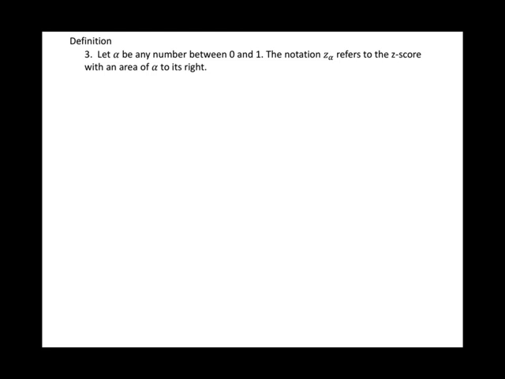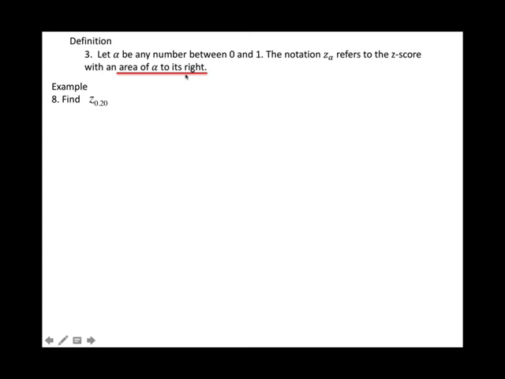Okay, definition: let alpha be any number between 0 and 1. The notation z alpha refers to the z-score with an area of alpha to its right. So alpha here is always between 0 and 1. When you see the z-score with a small number here, this is talking about the z-score with the area of alpha to its right.